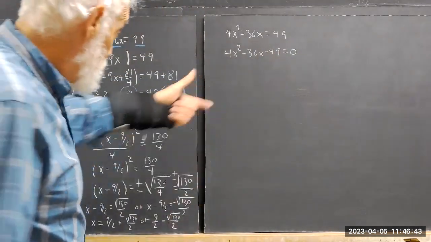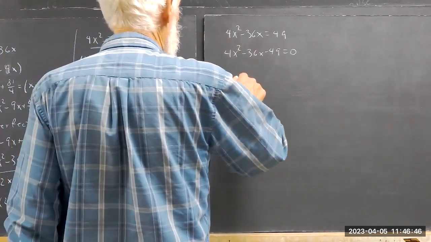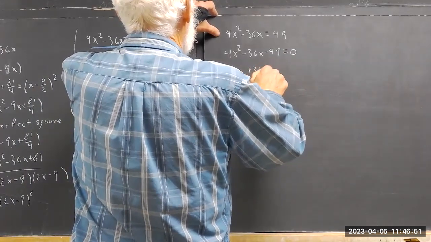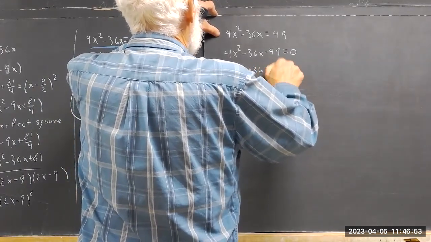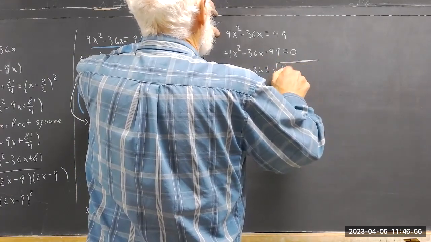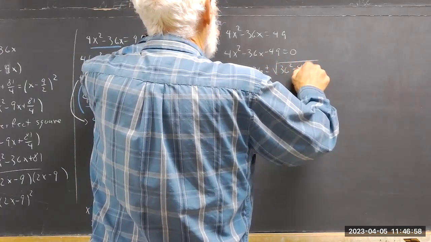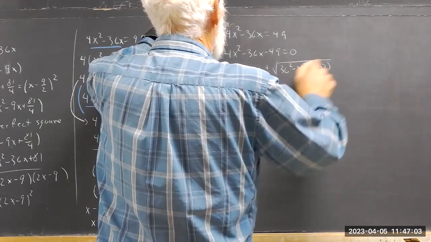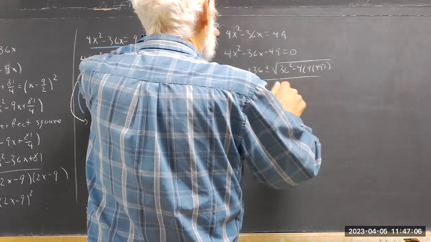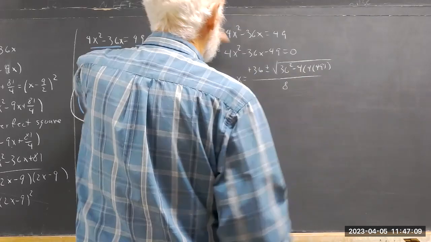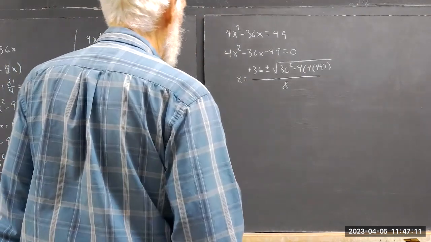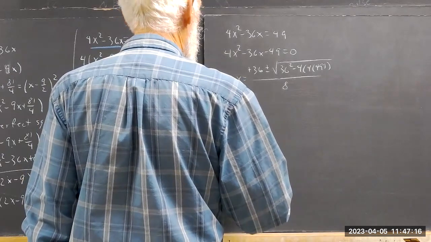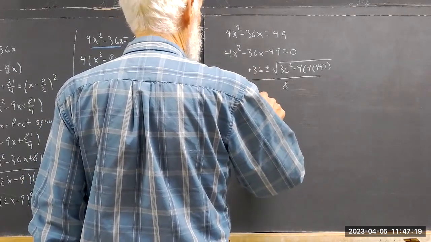We rearrange this in the standard form of the quadratic, and we get x equals plus 36, because it's minus b, plus or minus the square root of 36 squared minus 4 times 49, and that's actually pretty easy to calculate, over 8. This equals 36/8, which is down to 9 halves.